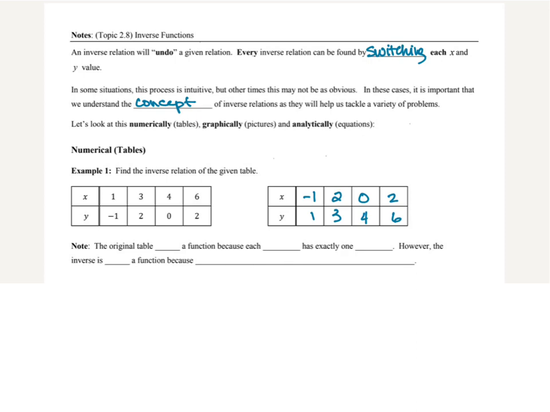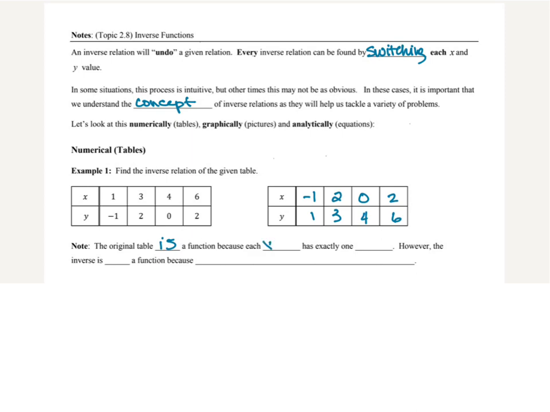It says the original table blank a function. Is or isn't? Is. Why?